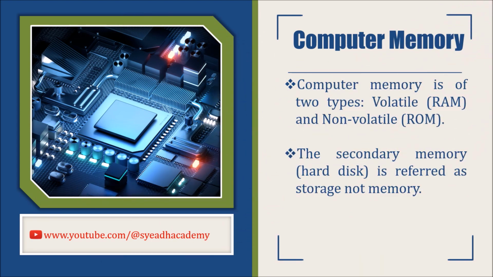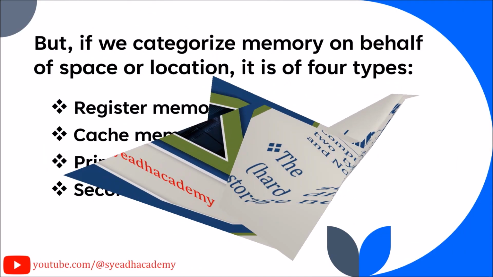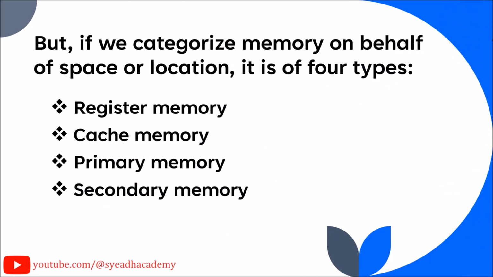Computer memory is of two types, volatile and non-volatile. The secondary memory, hard disk, is referred to as storage, not memory. But if we categorize memory on the basis of space or location, it is of four types: 1.